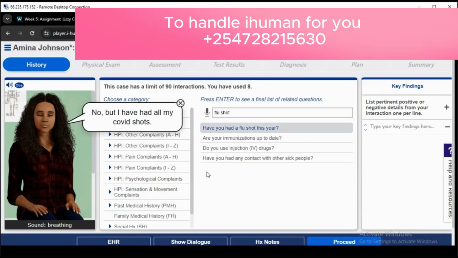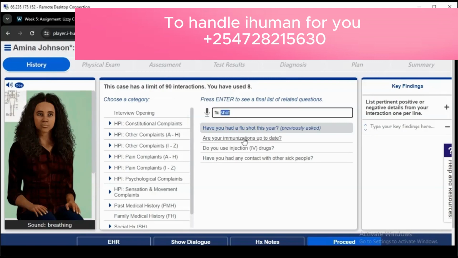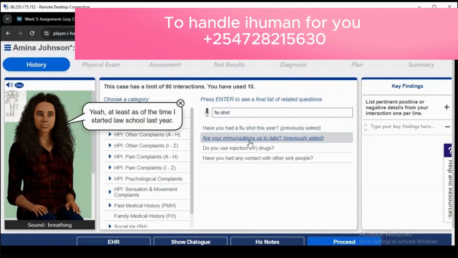Usually I'm a fan of using the search option, because when you already know the questions and you don't want to take a lot of time going through all the questions, it's the shortest way of getting them.